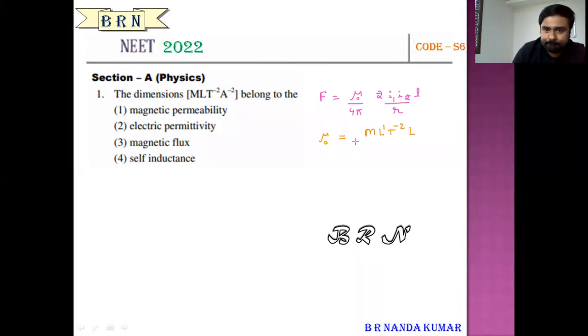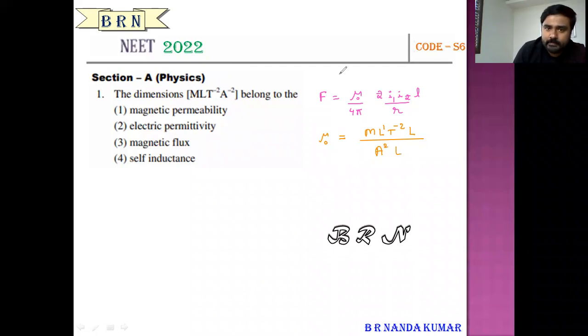Divided by I1 I2. So I1 is current, which has dimension A, A into A power 2. And L is the length, which has dimension L, right?